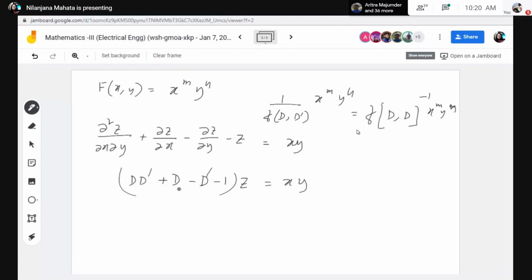So this will be d minus 1 into d dash d minus 1, which is nothing but (d minus 1)(d dash plus 1) z. Okay, please find out the CF and tell me what your CF is.